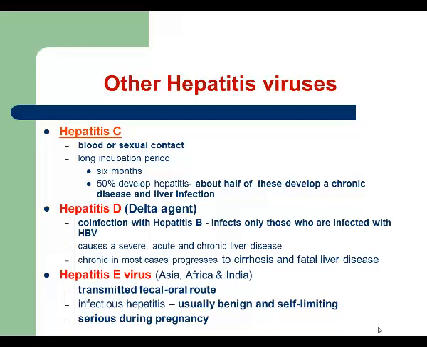This infection has a pretty long incubation period, up to 6 months, and as you see, this is probably the most aggressive type of hepatitis because in 50% of cases, patients will develop chronic hepatitis.